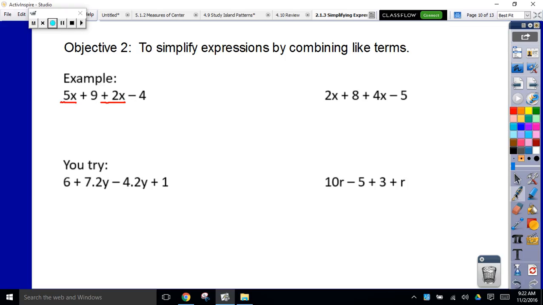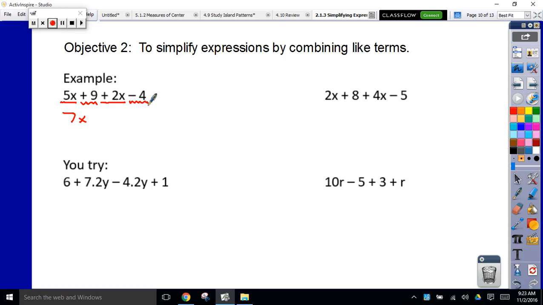Okay, since those are like terms, I can add the coefficients to find out how many there are. If I have 5 x's plus 2 x's, how many x's do I have altogether, Hannah? 7 x's. So my x is 7x. My other like terms up here are plus 9 and minus 4.